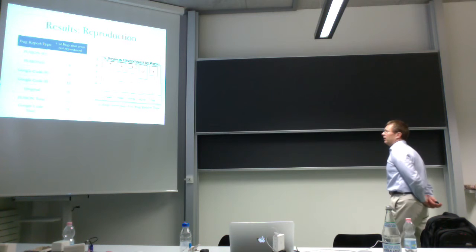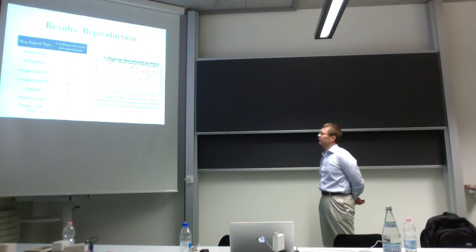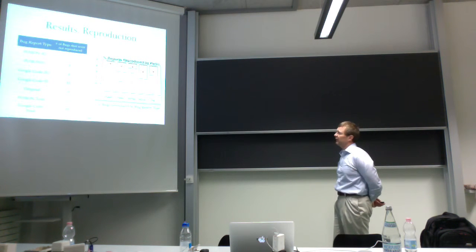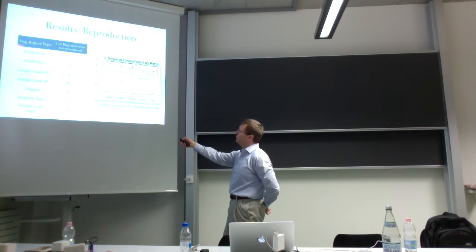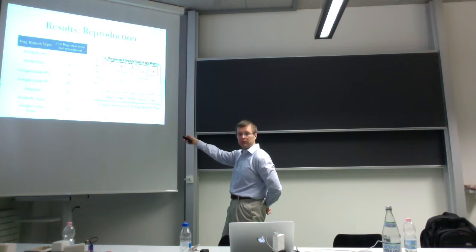Okay. So these are the results that we got for reproducibility. Essentially, here you see that these are the results for Fusion for experienced, and here we're going to report number of bugs that we were not able to reproduce. Okay, and this is Fusion inexperienced. This is a Google Code experienced, and this is Google Code inexperienced.